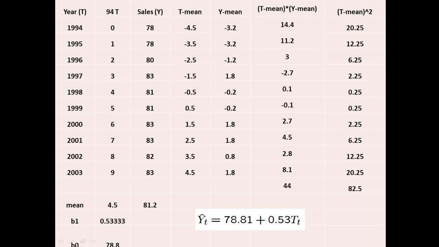The second step, we will find t minus t bar. It is the first column here, and in the next step we will draw a column of y minus y bar, y minus its mean, and we will find t minus t bar multiplied by y minus y bar.